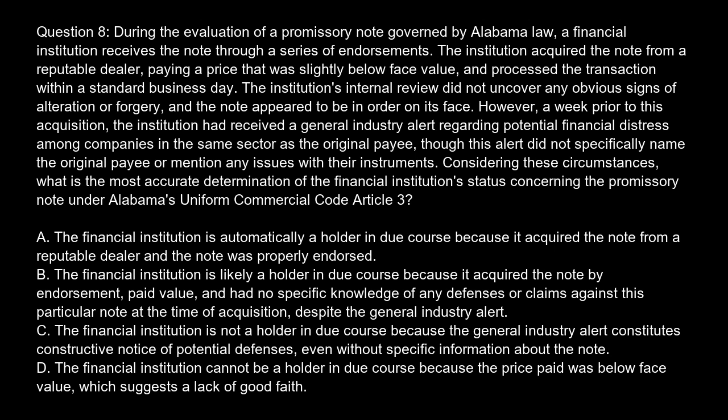Option C. The financial institution is not a holder in due course because the general industry alert constitutes constructive notice of potential defenses, even without specific information about the note. Option D. The financial institution cannot be a holder in due course because the price paid was below face value, which suggests a lack of good faith.